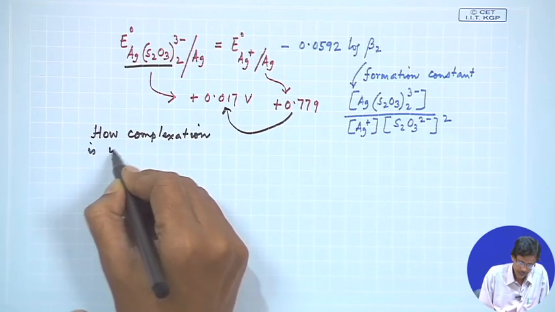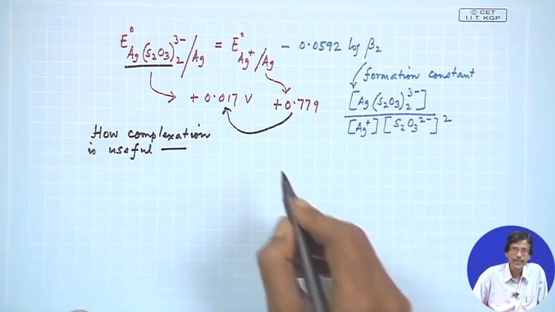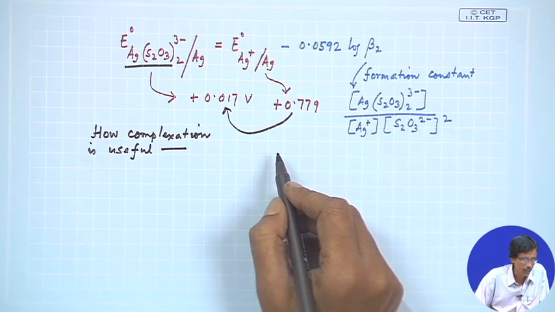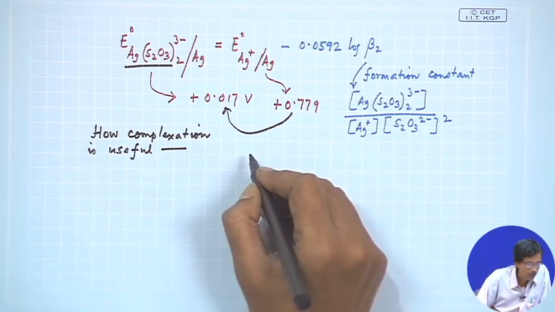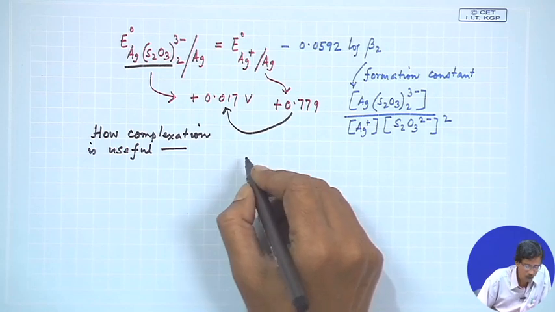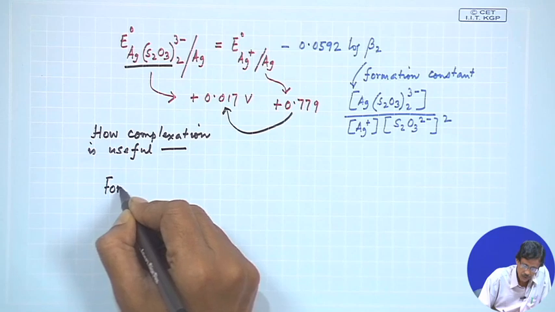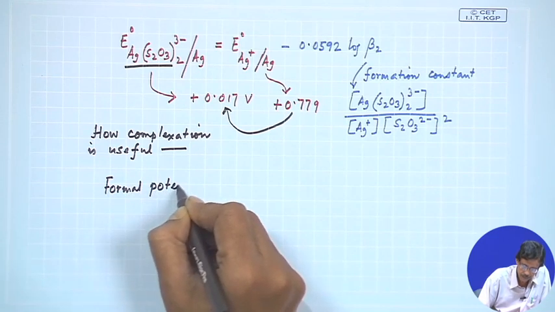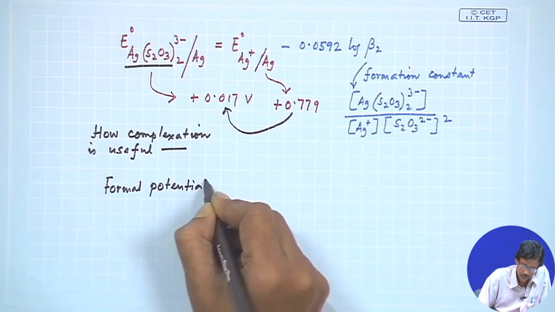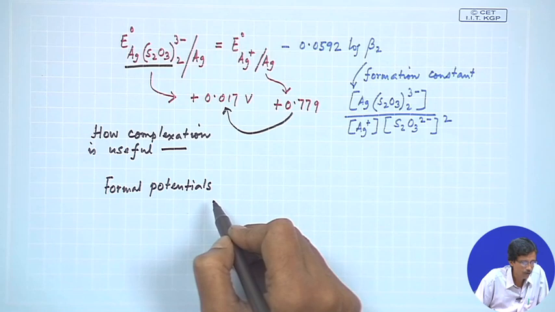So, complexation is useful for any titrations, particularly redox titrations and other things, because one more important thing we will now talk about is another definition, discussing the formal potentials. We will define what the formal potential is.